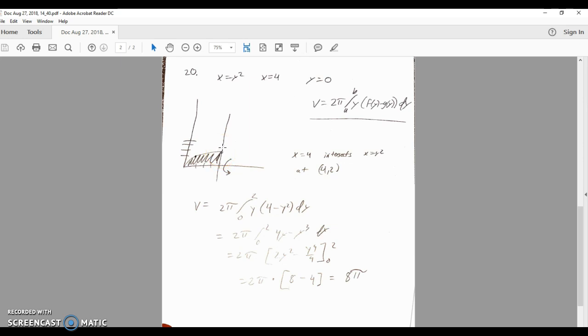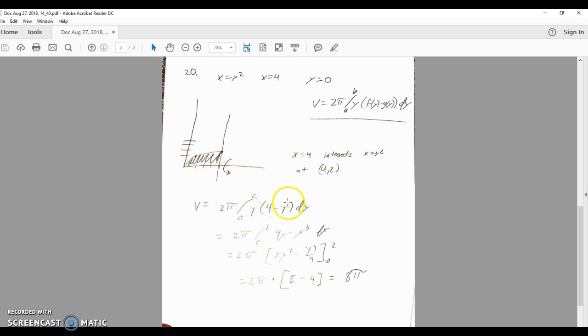So we've got that. Actually, everything is in the form that we need, right? So we're going to integrate with respect to y. So I'm going to take the outside function here, which is 4, and the inside function, which is y squared.